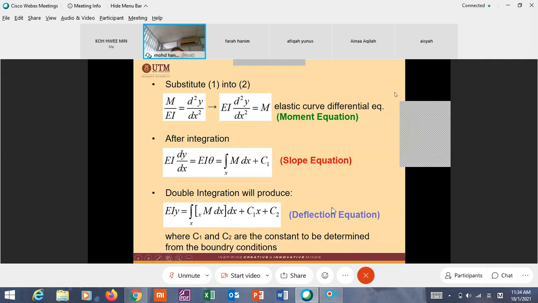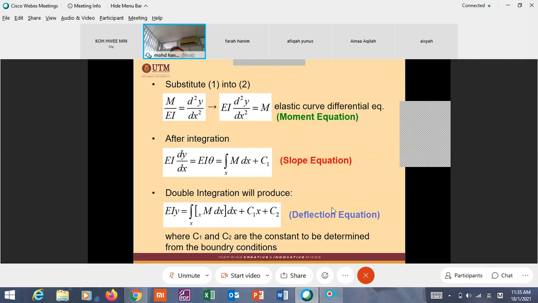Okay, similar to what you have done in mathematics. Whenever we have a constant, we have to use boundary conditions. In this case, when we have two unknowns, we need two boundary conditions. Two unknowns, two boundary conditions. If you have two unknowns but only one boundary condition, it is not enough.